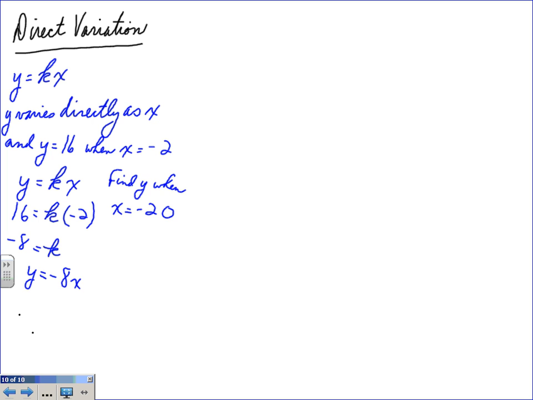So we take that direct variation equation, find y when x is -20, and we find that y is going to equal 160. Okay, we've done that before. So this section pretty much is the same process.